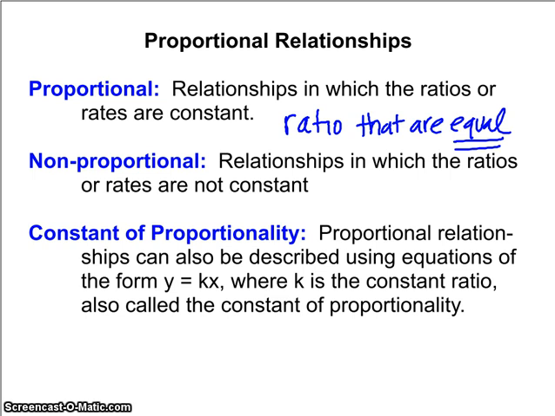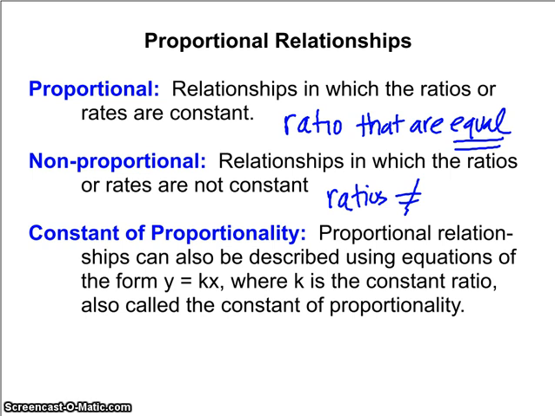Again, we use a lot of big words in here, but basically when we say constant, we mean equal ratios, equivalent ratios. Non-proportional, obviously just the opposite, are relationships in which ratios or rates are not constant, or ratios that are not, remember that slash through the equal sign, are not equal.